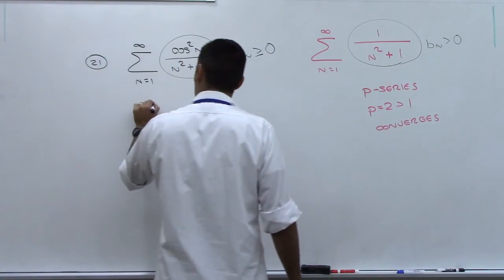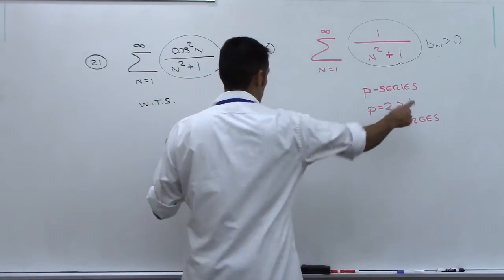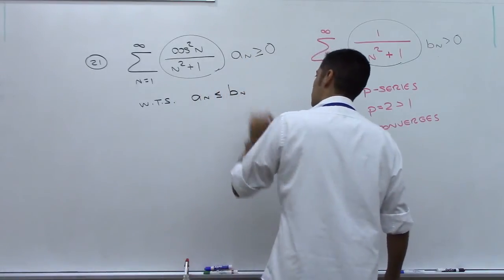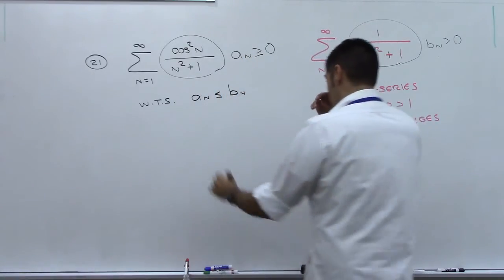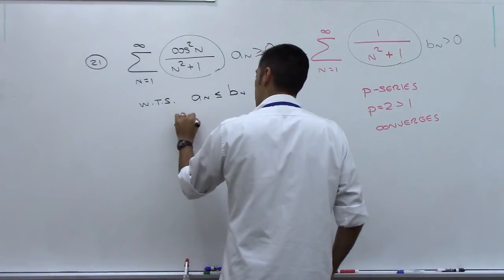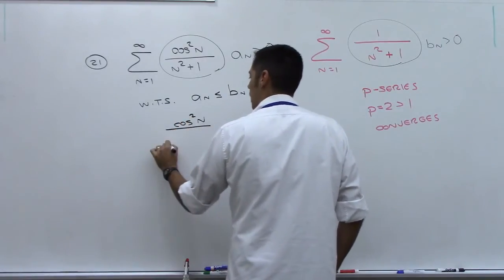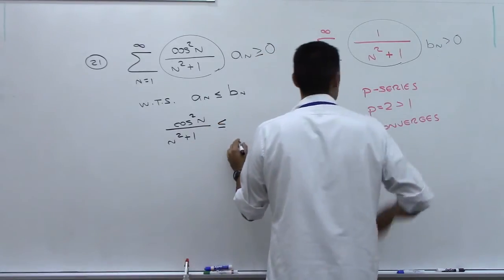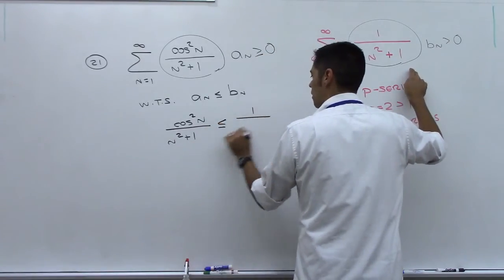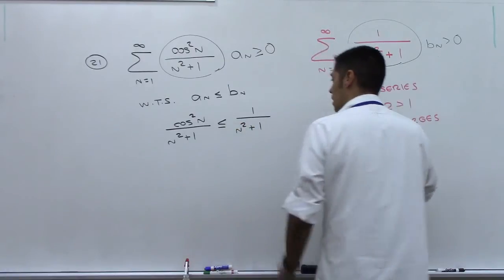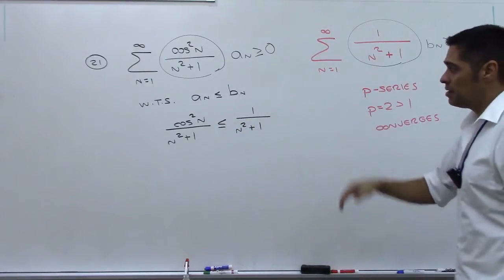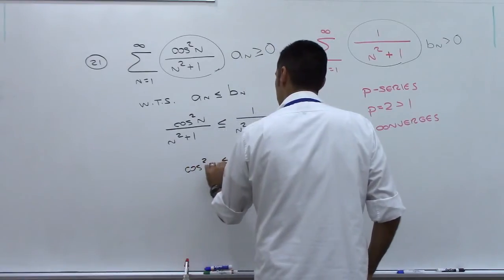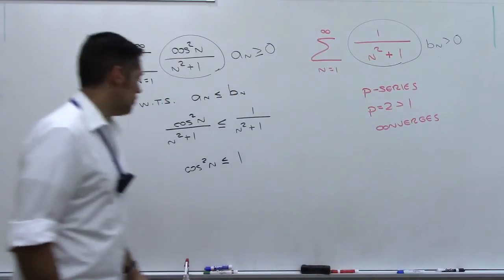I want to show, since that one converges, that my a sub n's stay less than or equal to my b sub n's. So I want to show that cosine squared n over n squared plus 1 is less than or equal to 1 over n squared plus 1. And if I multiply both sides by n squared plus 1, I get cosine squared n is less than or equal to 1.